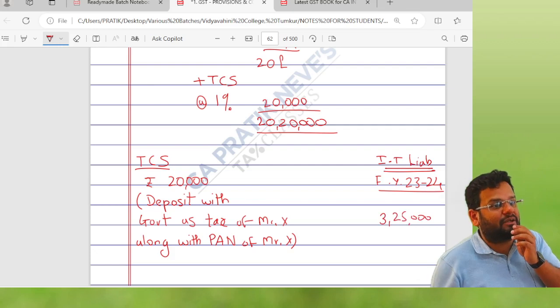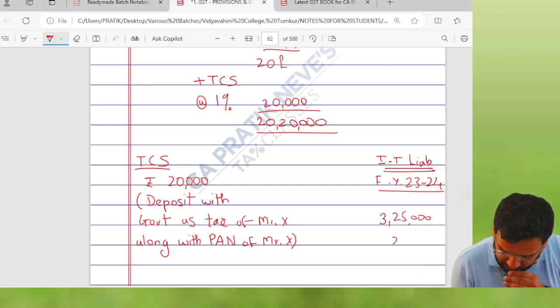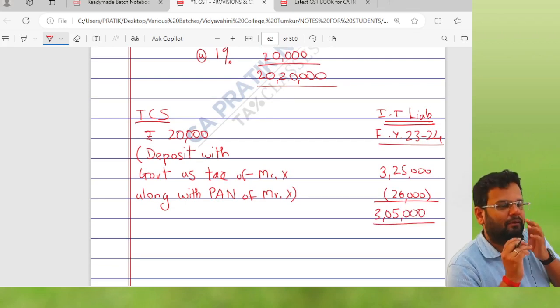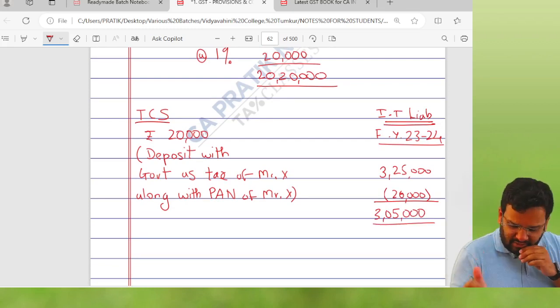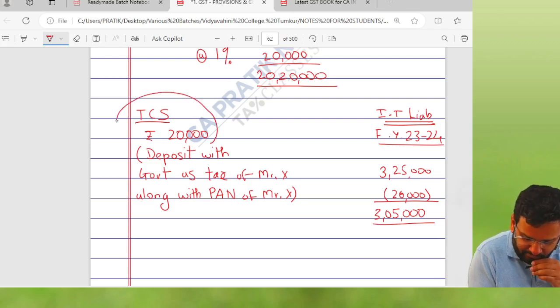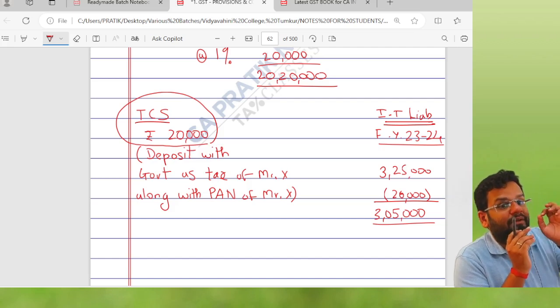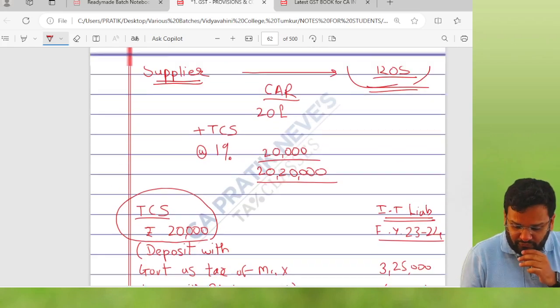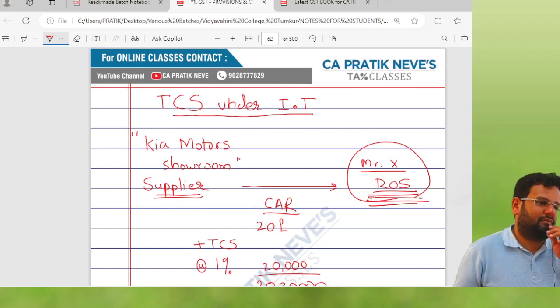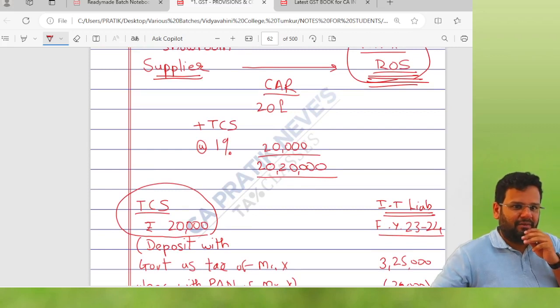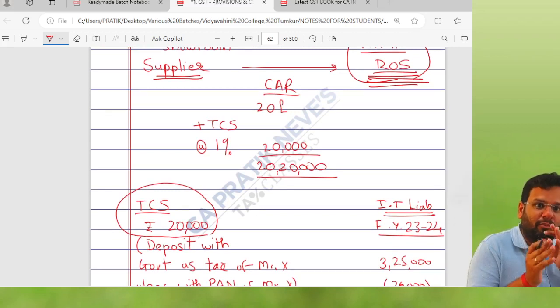Then it will not pay 3,25,000. It will pay only how much? 3,05,000. Getting it? So what is this 20,000? It is TCS and it is paid. It is whose tax? It is tax of recipient of supply. Income tax of recipient of supply, but which is paid in advance in the form of TCS.